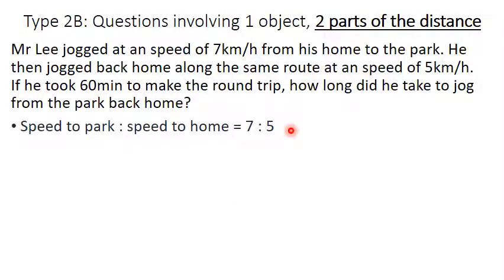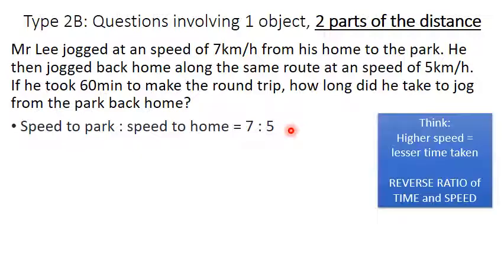Think of it this way. This is because they are along the same route. The distance is the same from the home to the park and park back home. The distance is constant. So we can think of it this way. The higher speed you travel, the less time you will take, right?